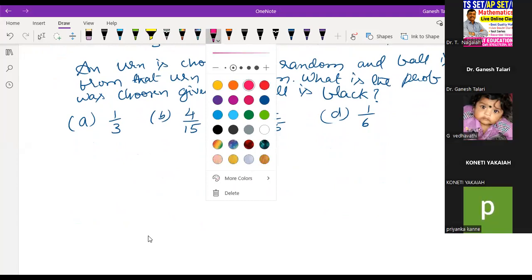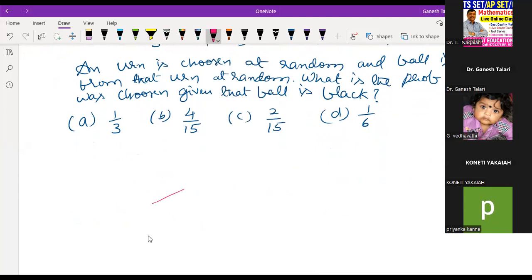Okay. See, there are three urns: U1, U2, U3, right? So the probability of choosing any urn is 1 by 3, 1 by 3, 1 by 3. So from the urn, it is black.